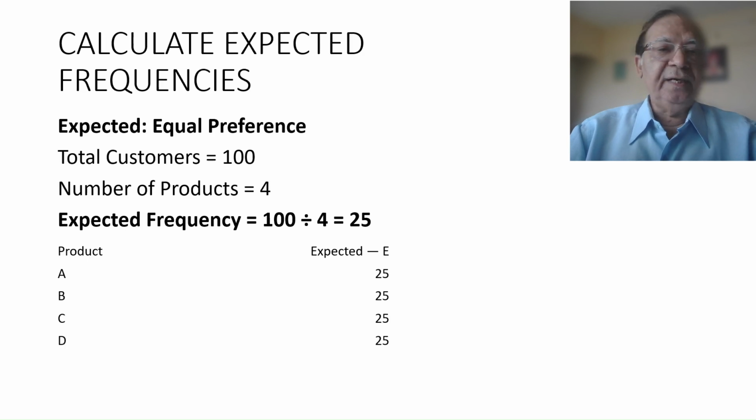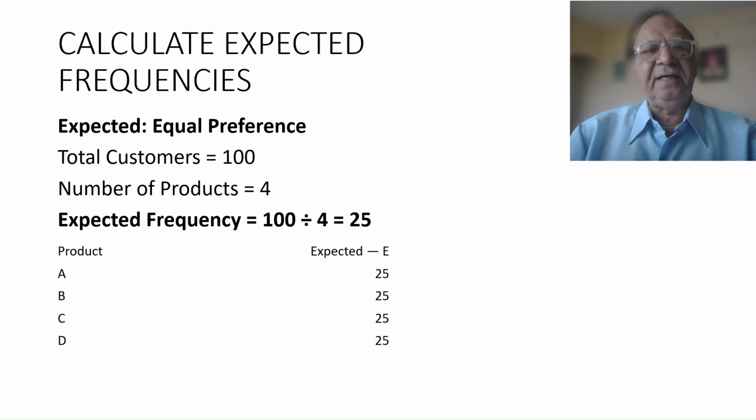Now we calculate the expected frequencies. Our null hypothesis states that all 4 products are equally preferred. We have 100 customers and 4 products. Therefore, under the null hypothesis, we expect 25 customers in each category. 100 divided by 4 gives 25.